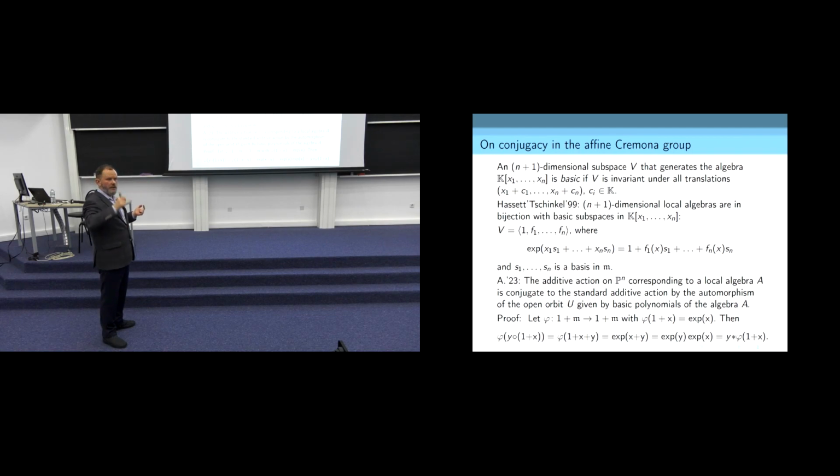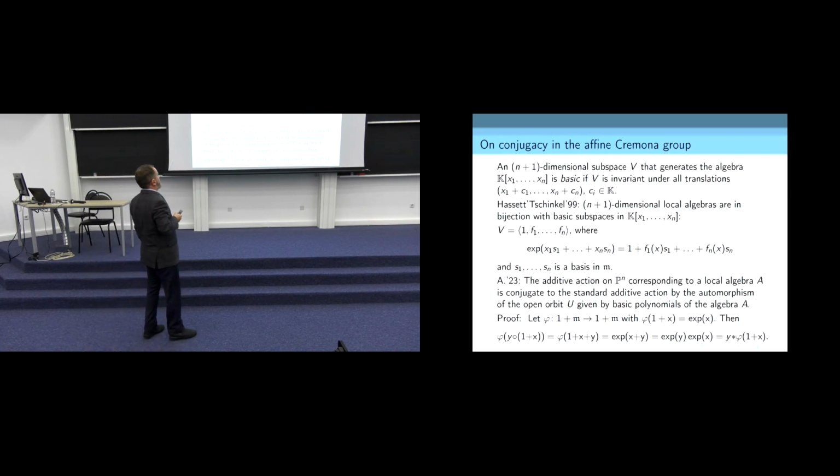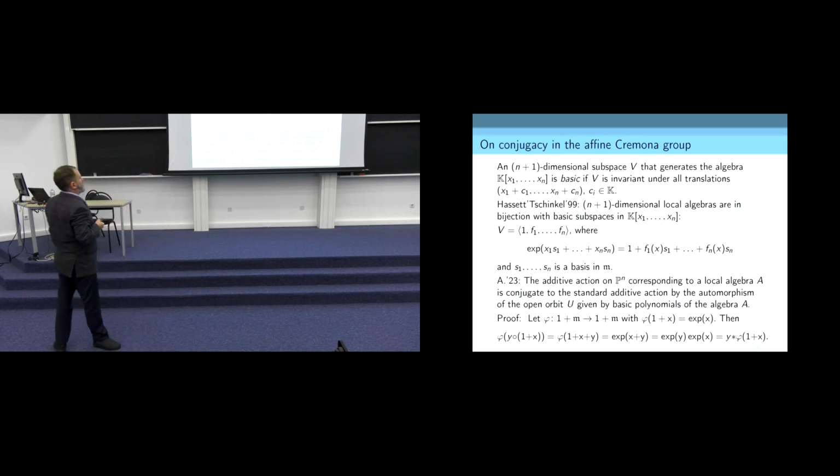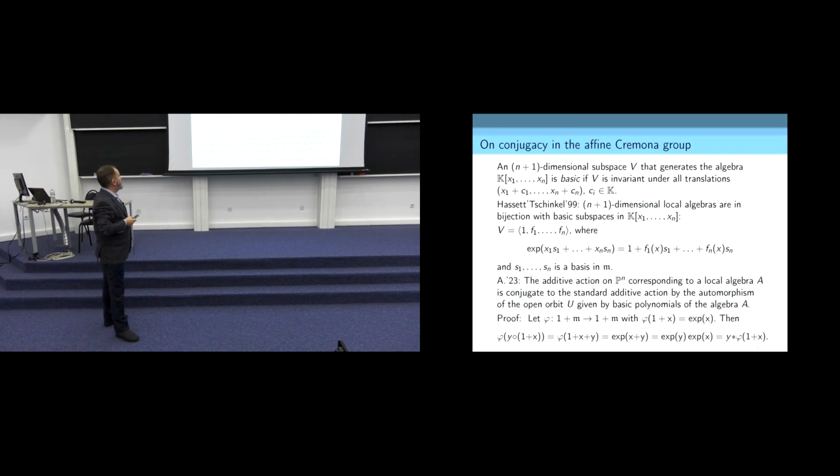It works. But there are other basic subspaces. And Hassett and Tschinkel observed that this is a way to classify local algebras, that n+1 dimensional local algebras are in bijection with these basic subspaces. And let me explain this correspondence in one direction. If you have a local algebra, then you take just the exponent of an element from the maximal ideal.